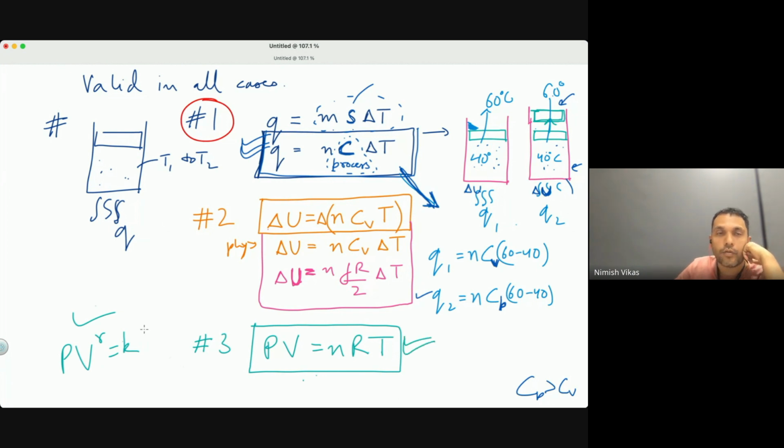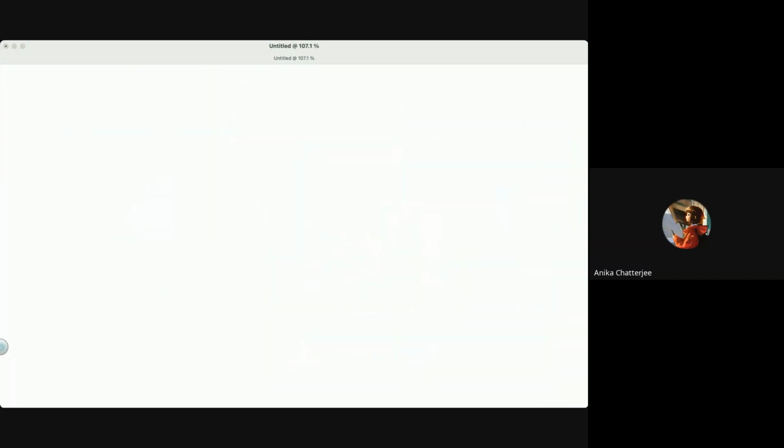On top of it, other formulas becoming valid is another story. This is valid for adiabatic, non-adiabatic, all cases. PV is equal to nRT. So this is the premise that you should know, that these three formulas work all the time. Is that clear, guys?